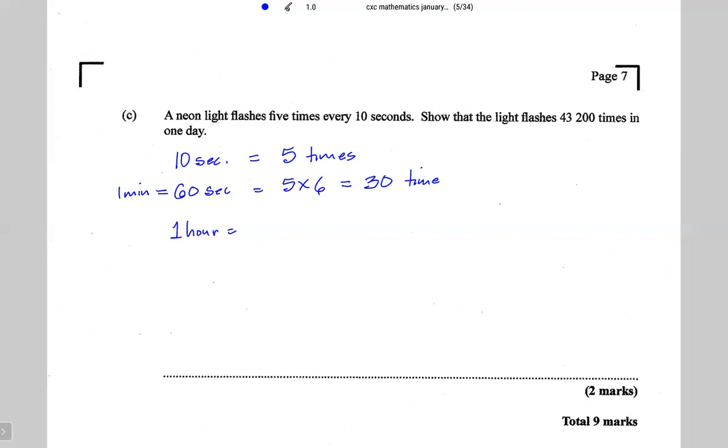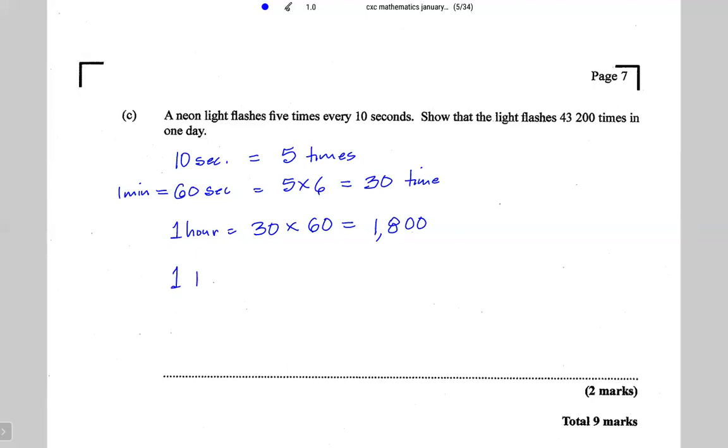So in 60 minutes, you're going to multiply the 30, which is the number of times it flashes in a minute, by 60. And this gives you the number of times it flashes in 1 hour. So it flashes 1,800 times in an hour.